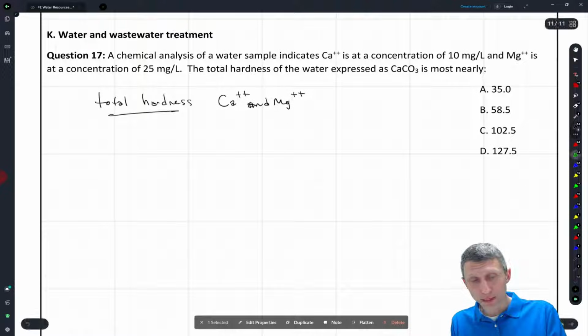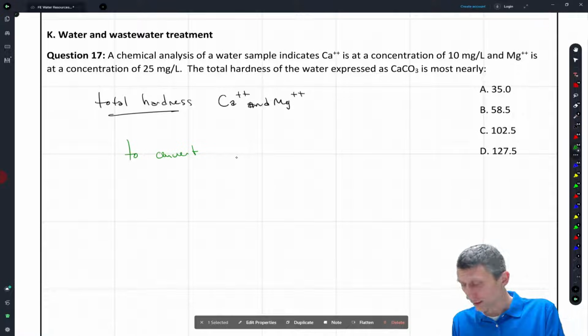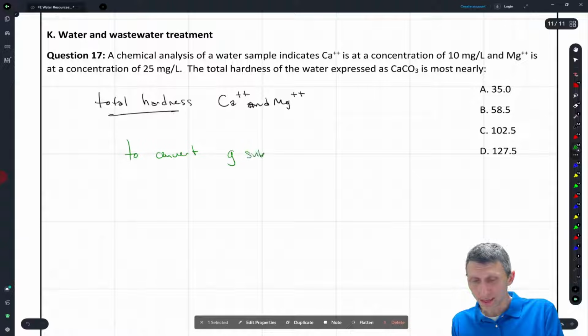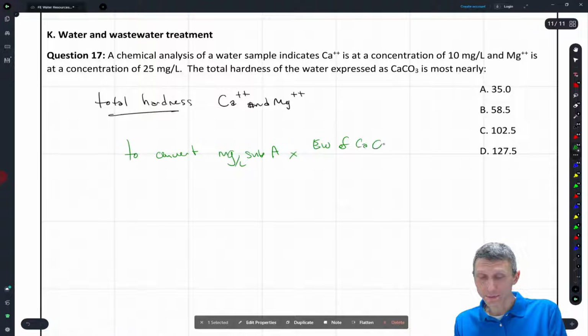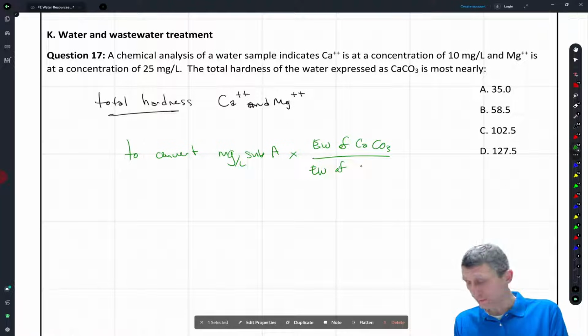But to convert this, what we're going to do is take the milligrams per liter of substance A, and multiply it by the equivalent weight of the calcium carbonate divided by the equivalent weight of the element.